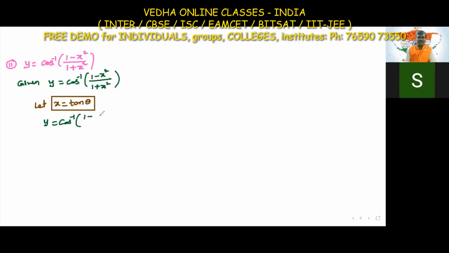So cos inverse of 1 minus x square, which is tan square theta, divided by 1 plus x square, which means 1 plus tan square theta. Here also we have a formula: cos inverse of (1 minus tan square theta) by (1 plus tan square theta) is one of the formulas for cos 2 theta.